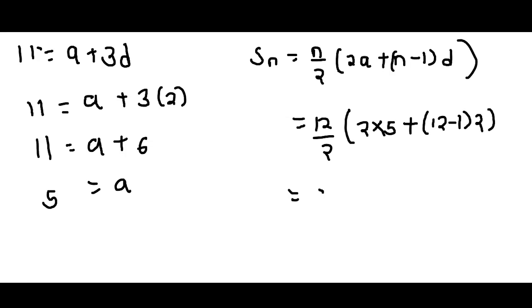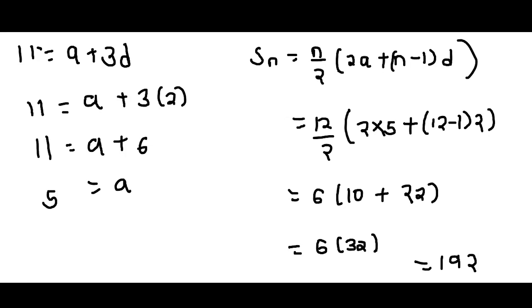So it will be 6 times 10 plus 11 times 2, which is 22. So 6 multiplied by 32, we will get 192. So that's the sum of the first 12 terms of that sequence.